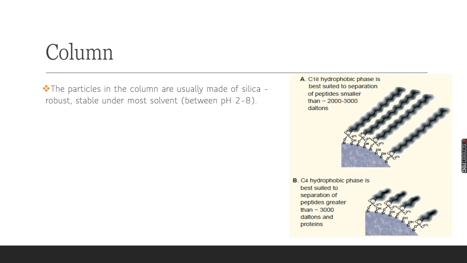But if I have small functional groups like a C4 hydrophobic phase, it can be useful for peptides greater than 3000 Dalton, or for proteins. The particles in this column are usually made of silica, which is robust and stable in most solvents and effective within a pH range of 2 to 8. But if we need a broader pH range, we can use a polymeric support or alumina, which can work from highly acidic pH 1 to pH 13.